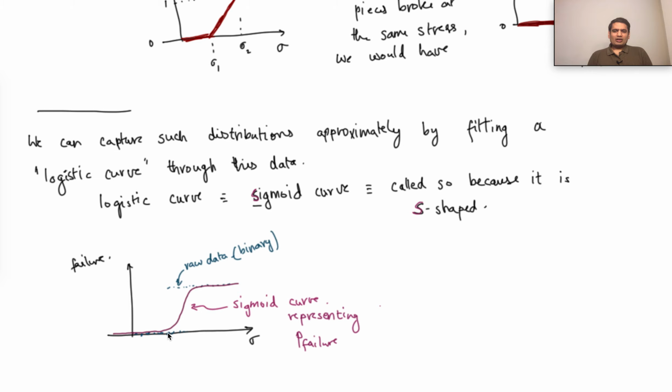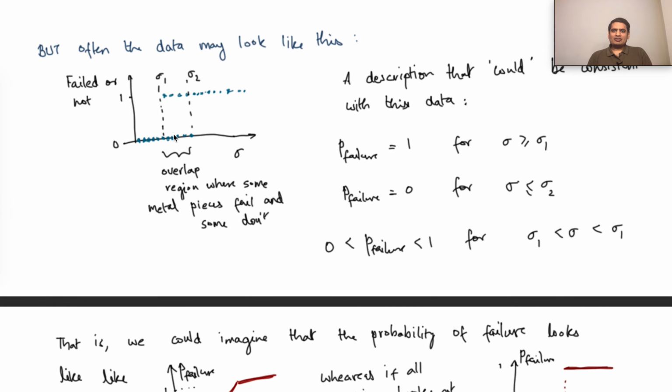By the way, if you just wanted to estimate the probability, how would you get it from data that looks like this? What you can do is bin. We'll talk about this maybe in a MATLAB program. You can bin, in other words, divide the stress levels into little pieces.